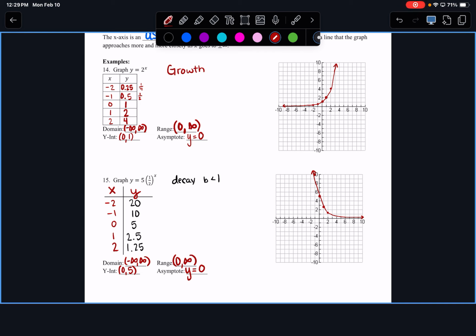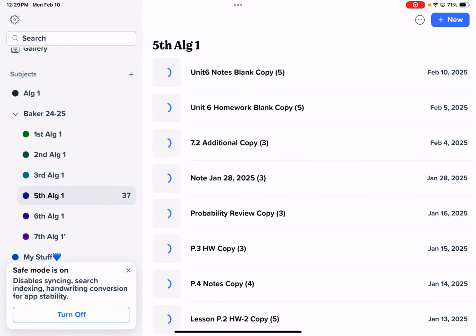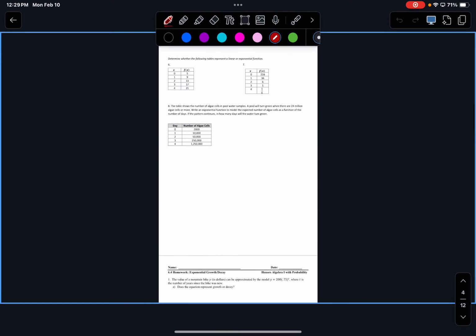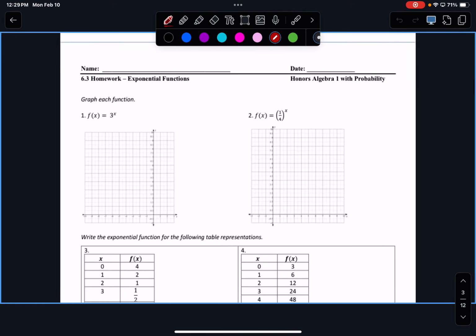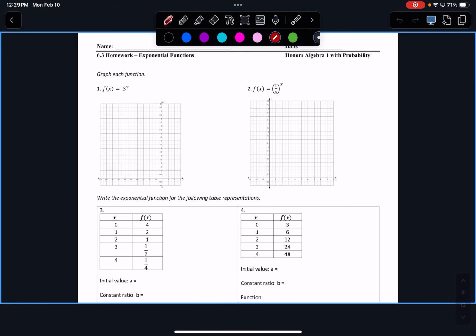All right. So we are going to look first at homework 6.3 in our yellow packet. That is the one that looks like this. Okay. So I'm going to go over half of these questions and leave half of them for you to do.